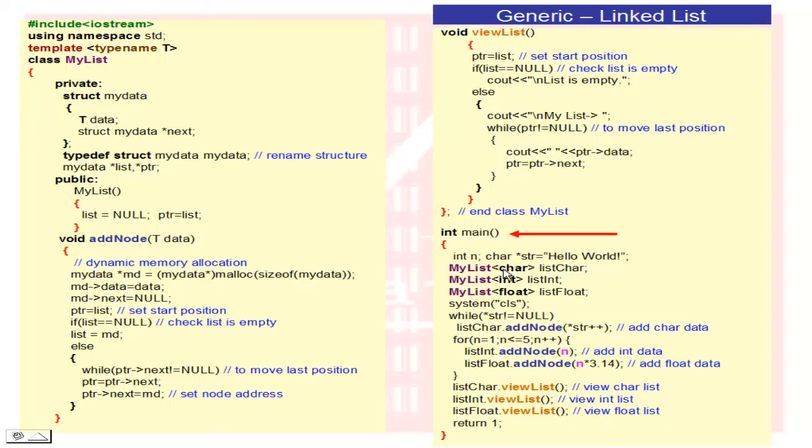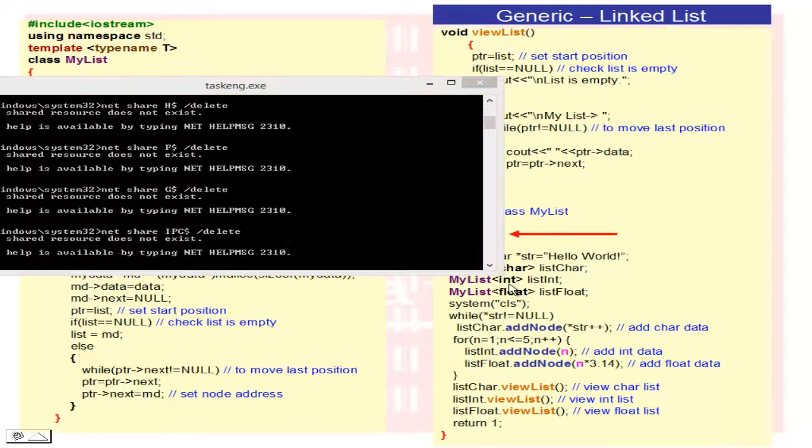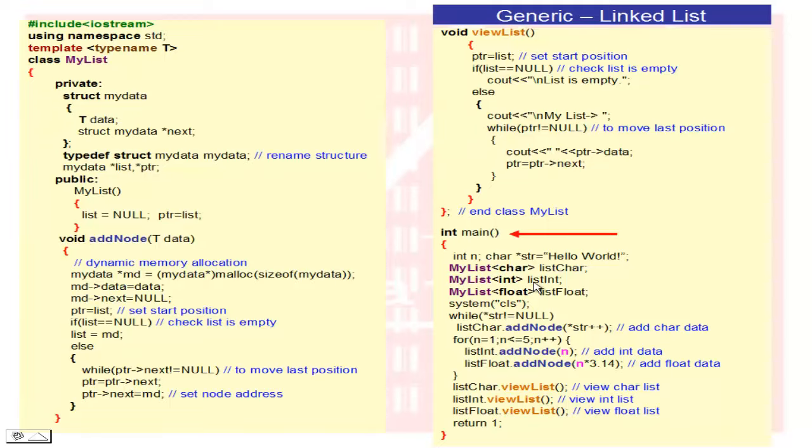First time I am passing the type character and the object name is list char. Another new variable of MyList I have created, passing the type integer, and the variable name is list int. Third, I have also created one more variable of generic type, this time float, and the variable name is list float.